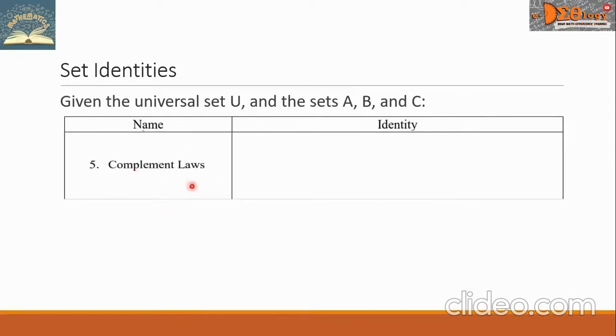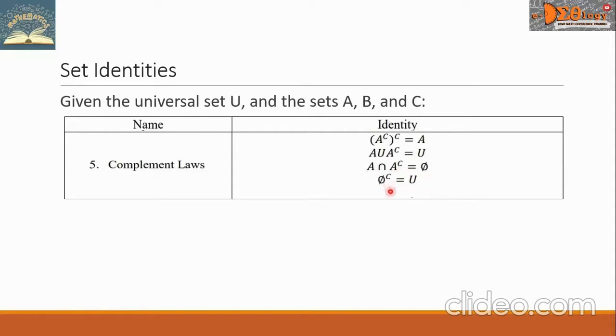Number 5 is complement laws. In here, there are many identities. The first is the complement of the complement of set A equals set A. Next, A ∪ the complement of A equals the universal set U. Third, A ∩ the complement of A equals the null set.